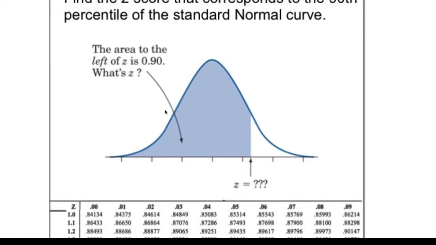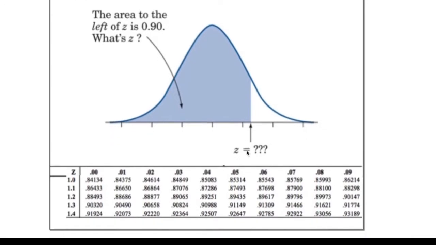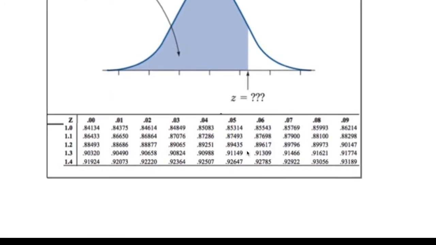And so when it says 90th percentile, we want to find this z-score right here, that 90% of the data would fall equal to or less than from there. Okay, so again, we're working backwards here. We have to dig through our chart and we have to find what z-score corresponds. And so there's going to be two that you're going to end up between.